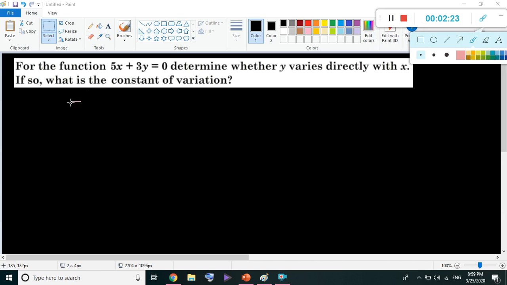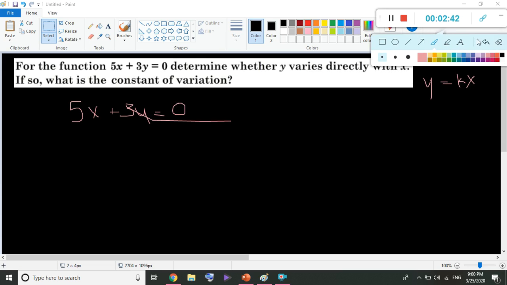It's going to be 5x plus 3y equals 0. And we're going to check if it's in the form of y equals kx. So we're going to move everything away from y. So now let's start moving.